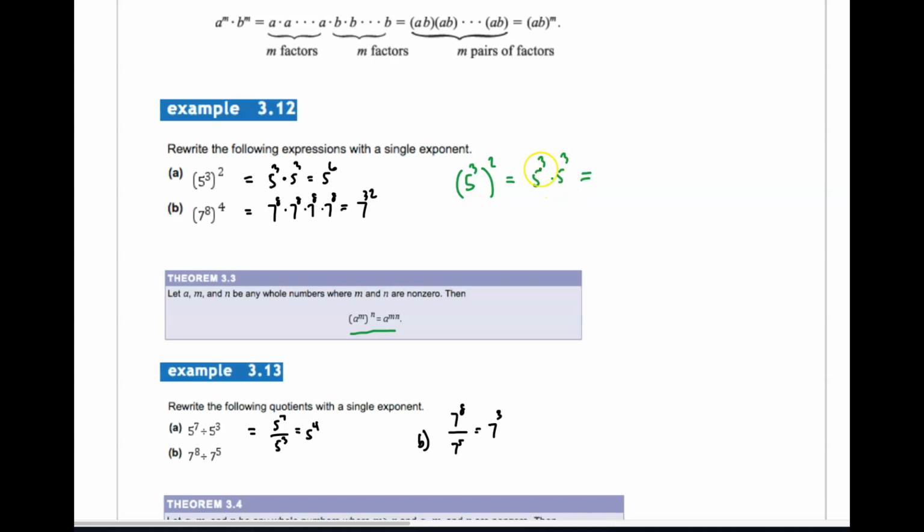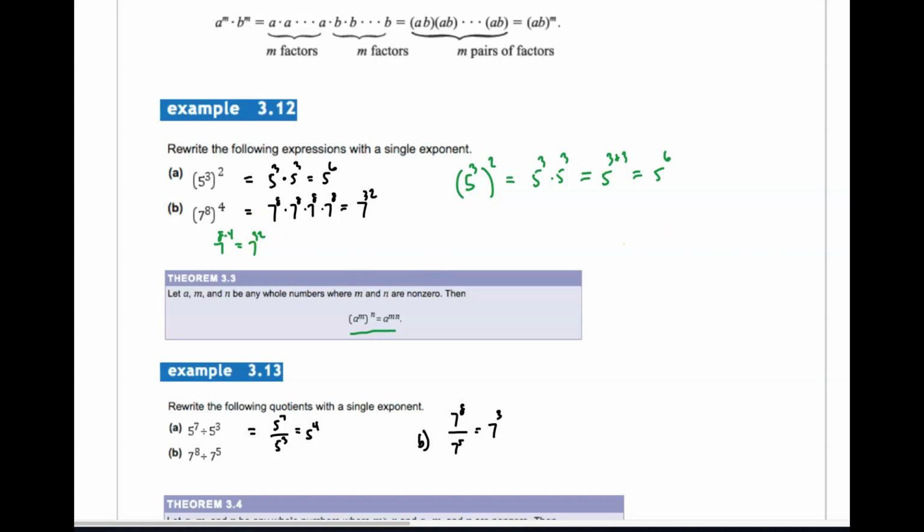We learned earlier that when you have the same base, you just add the exponents. So you get 5 to the power of 6, and the shortcut is just to multiply those two. You can see it's been written out here, and the shortcut would just be 8 times 4, 7 to the power of 32.